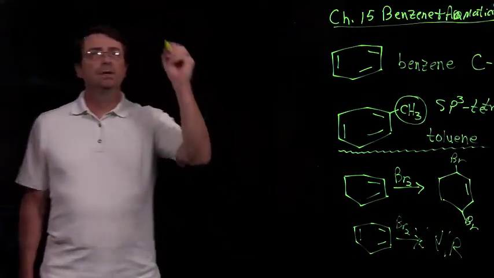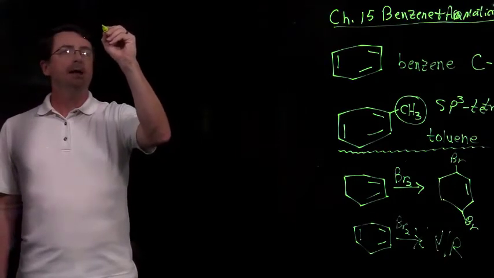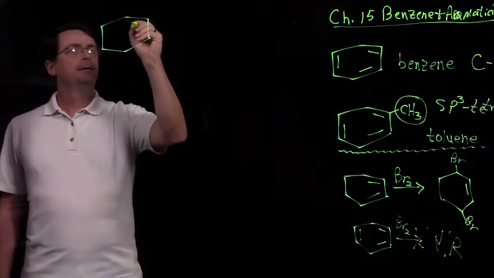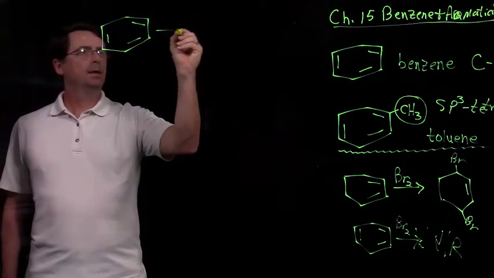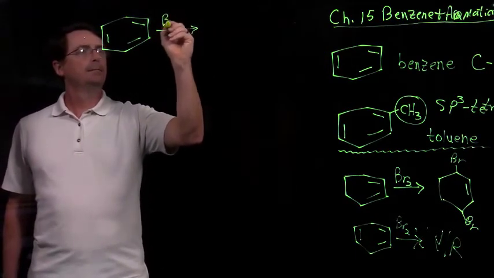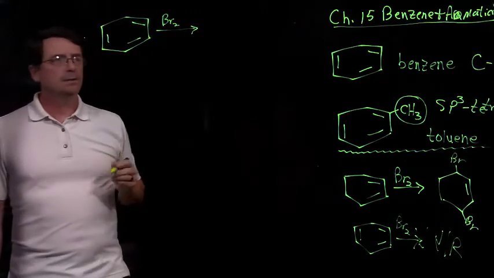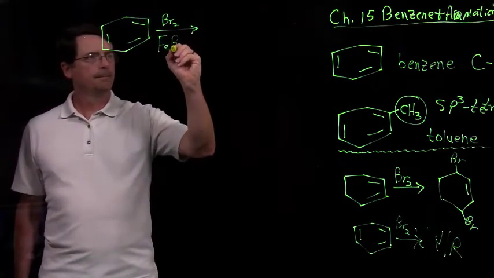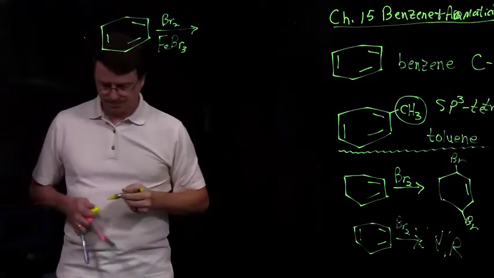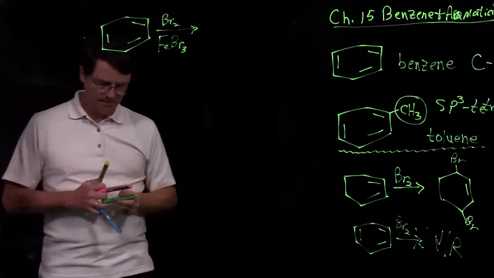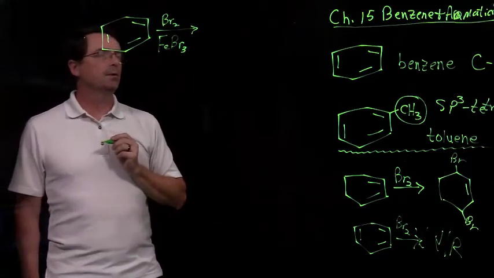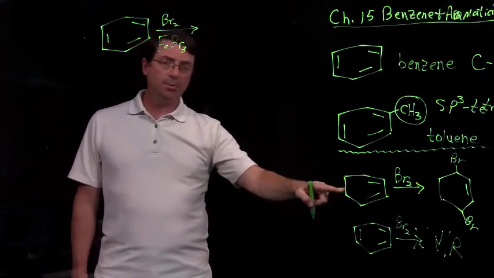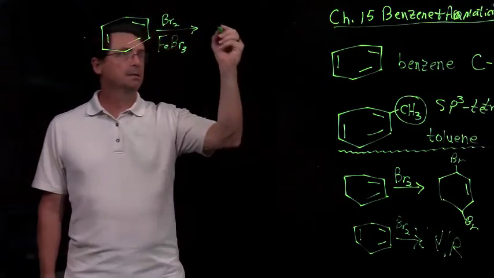So of course, we eventually do get reactivity of benzene with bromine. We get it to react by adding a catalyst, FeBr3. And when we add FeBr3, we actually do not get the expected addition product like we saw with cyclohexadiene.